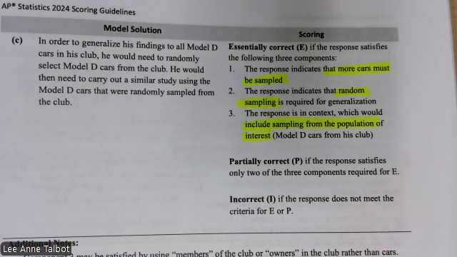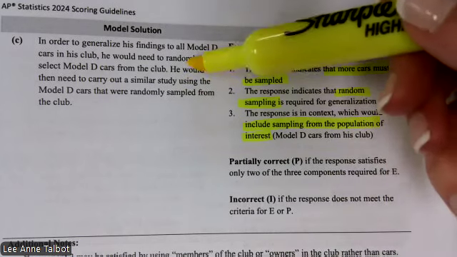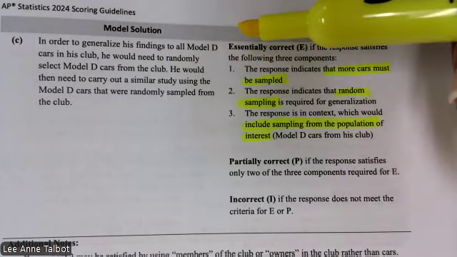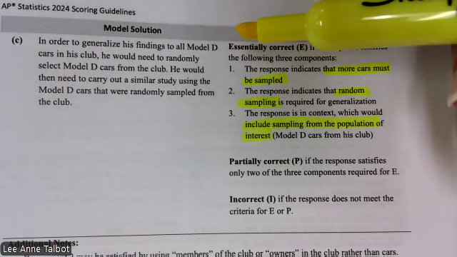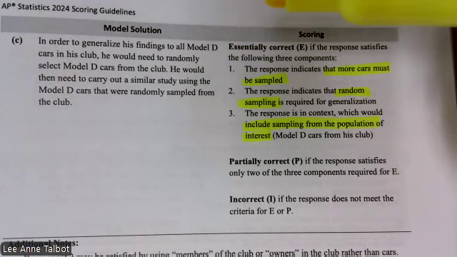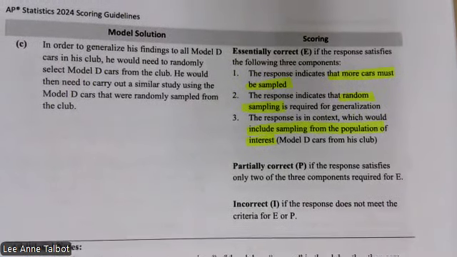Did you say anything about he would have to do something additional? Just read me what you said. Anybody can random sample from all models. I mean, I think that's fine. Isn't that exactly what this says? I feel like that's the same thing. I think they would give you an E for that.